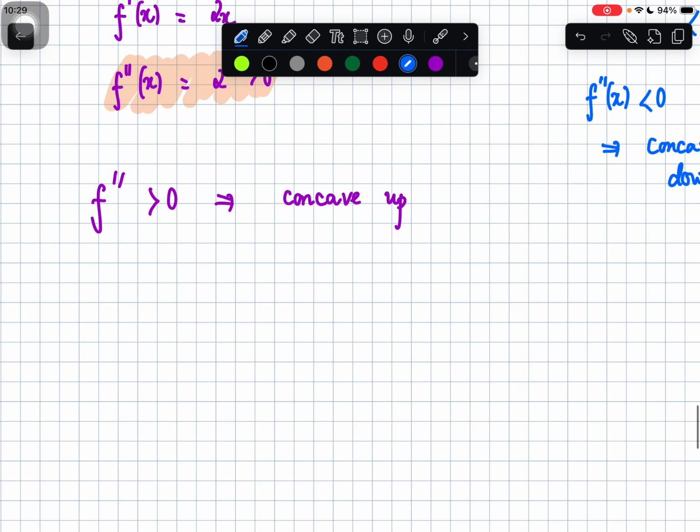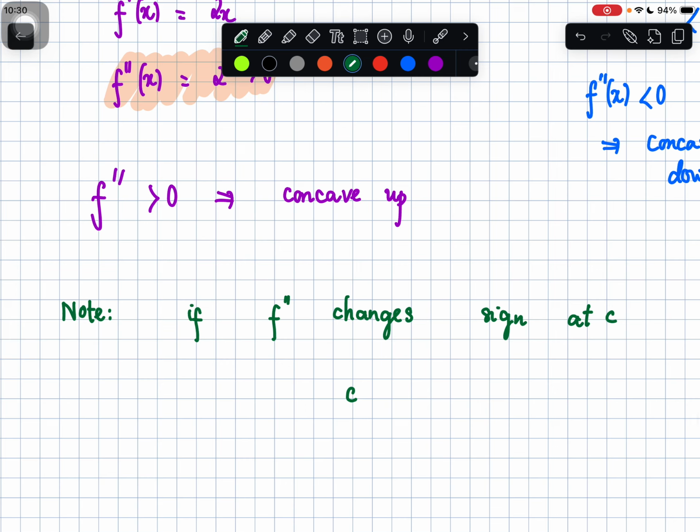And if the concavity changes sign, then you have an inflection point. So note, if f double prime changes sign at c, for example, c is here, x equal to c.